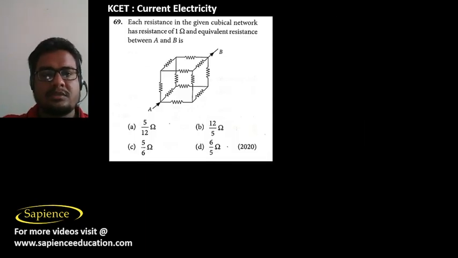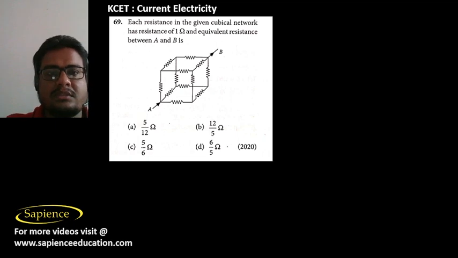Then in question number 69, each resistance in the given cubical network has resistance 1 ohm, and the equivalent resistance between A and B is how much?